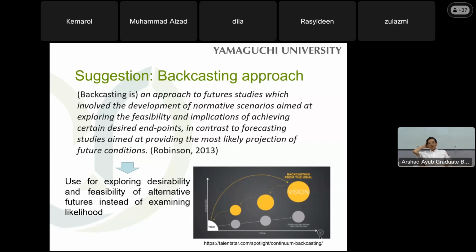You can see the difference between forecasting and backcasting in the image. This is for exploring the desirability and feasibility of alternative futures instead of examining likelihood.